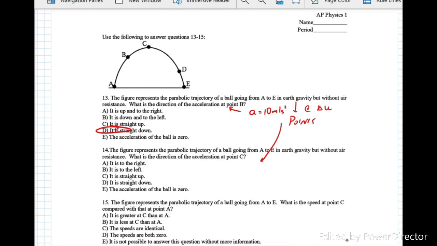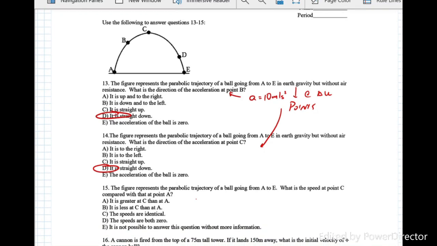Which means when we get to 14, it asks, what about the direction of the acceleration at point C? It is still straight down because it's still gravity pulling it down. 15, the figure represents what's going on. Again, what's the speed at point C compared to the speed at A? We know that as we move up, we're slowing down.